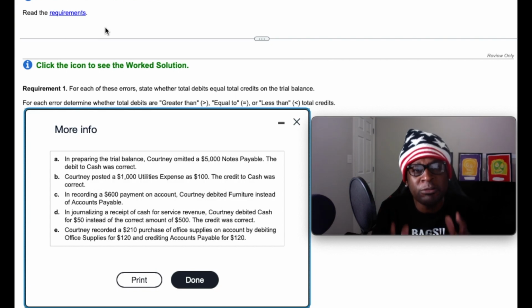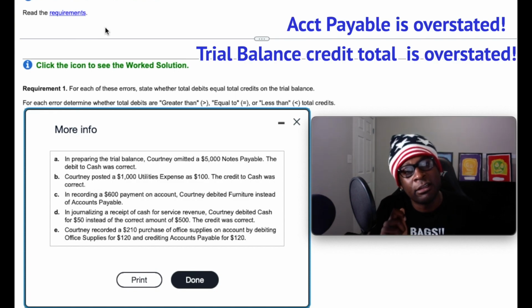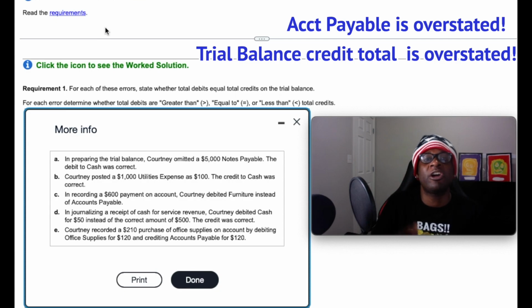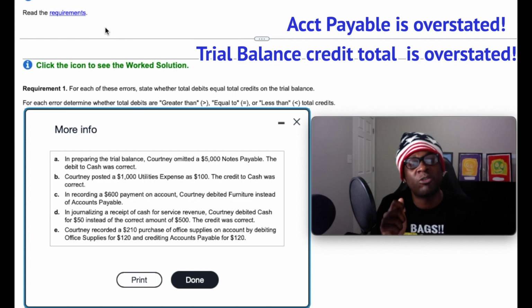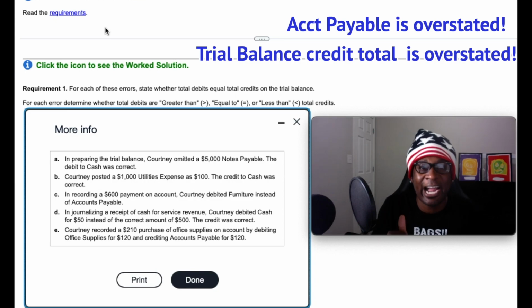Since she refused to decrease her accounts payable, that accounts payable will also be reported on the trial balance higher than what it should be. And since the accounts payable is a liability, that means that it's going to sit on the credit side. So that credit side balance of liabilities on the trial balance is going to be higher than what it should be.